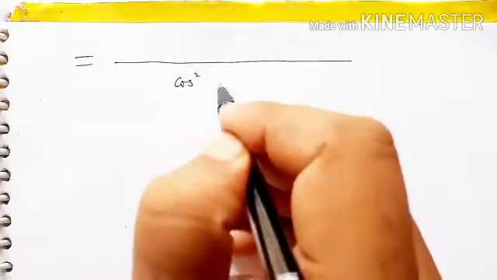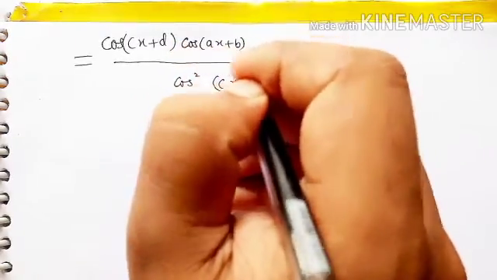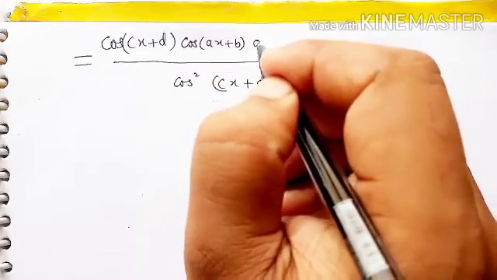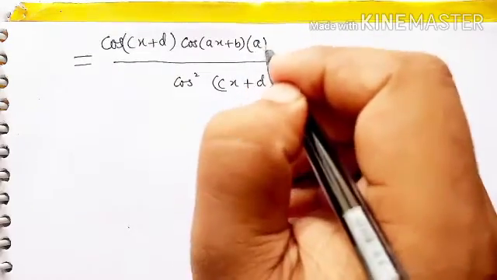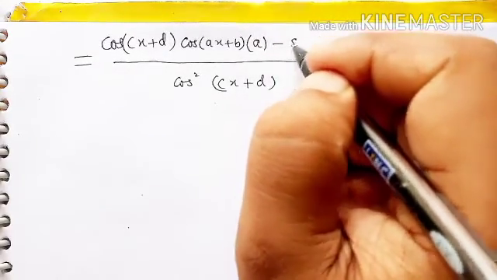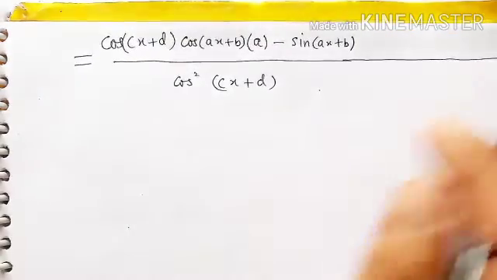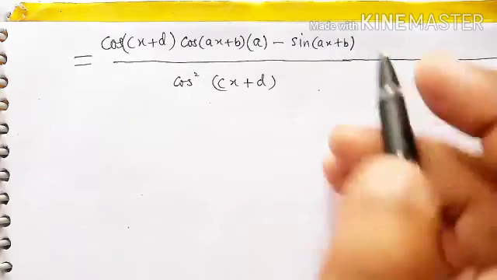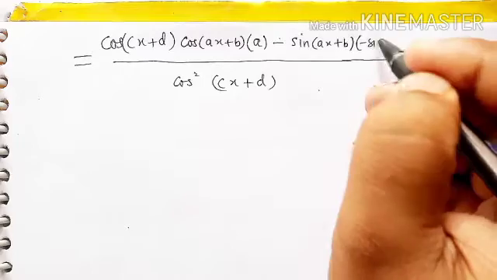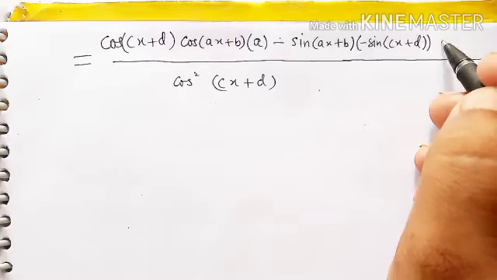Over cos square(cx plus d), cos(cx plus d). The derivative of sin(ax plus b) is cos(ax plus b), and the derivative of ax plus b is a, minus sin(ax plus b), and the derivative of cos(cx plus d) is minus sin(cx plus d), and the derivative of cx plus d is c.